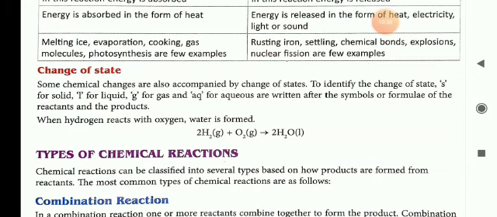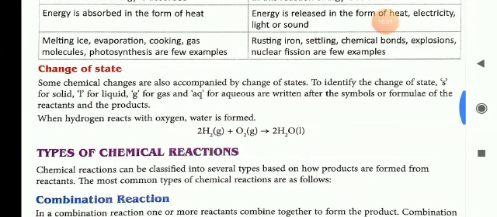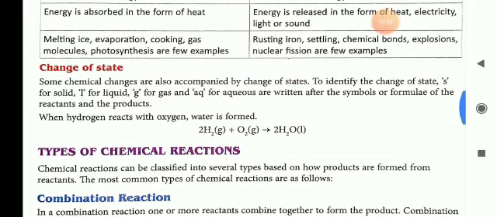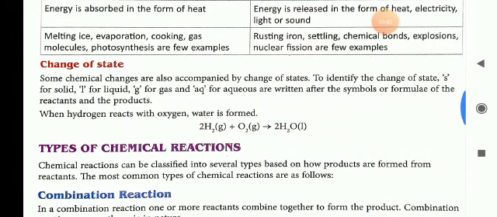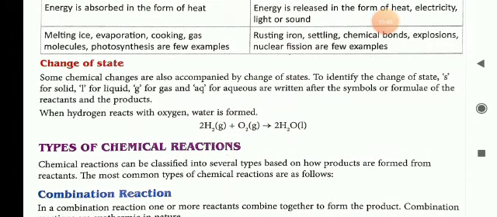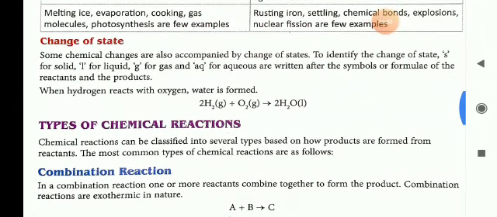While writing the reaction, after the symbol or the formula, in brackets we use S or L or G or AQ for different states of substance.